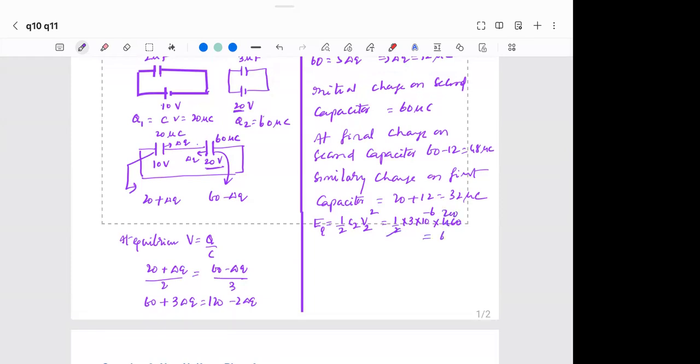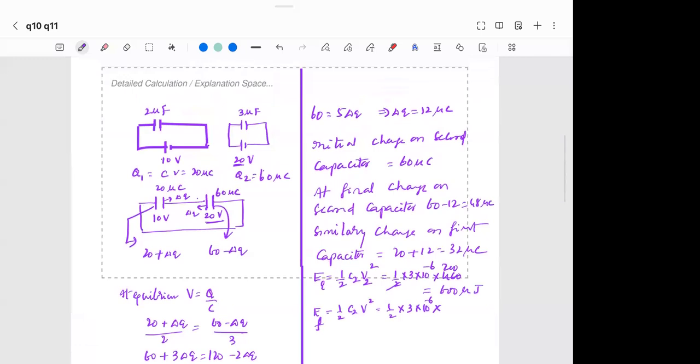That is 600 microjoules. Final will be half C2 V square, where C2 is 3 microfarads and V is the common potential.